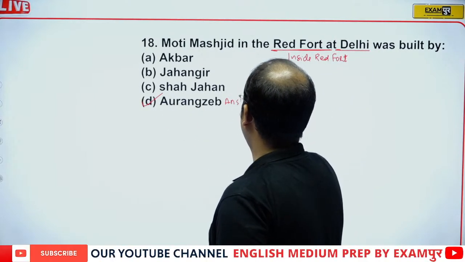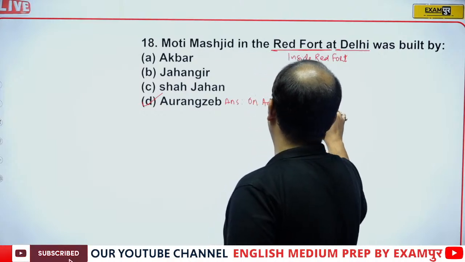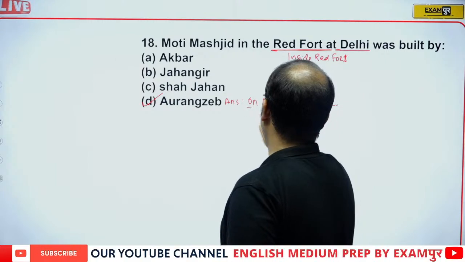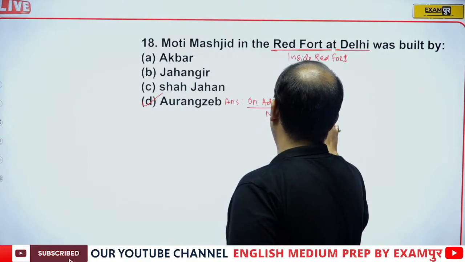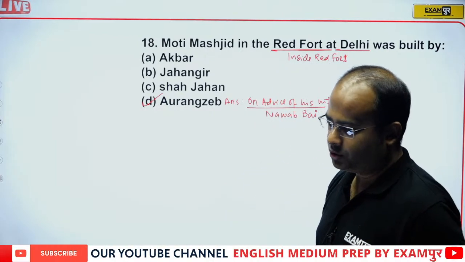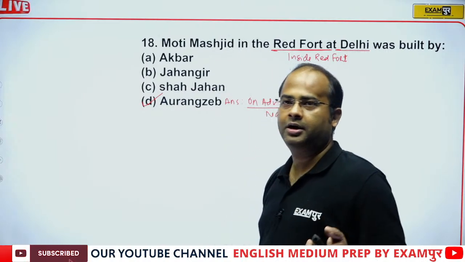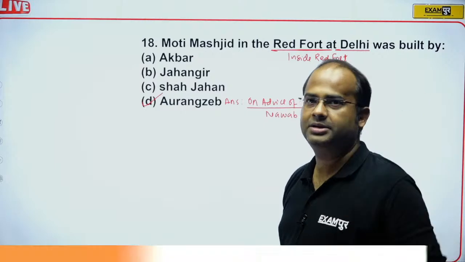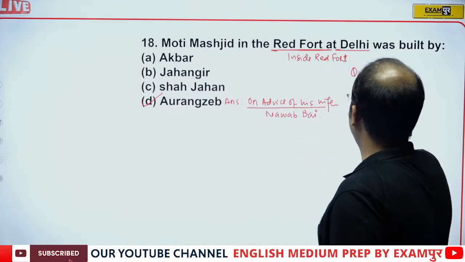And on the advice of his wife Nawab Bai, he did it. So it is not Sher Shah Suri, guys. Sher Shah Suri constructed the Kilae Kohna Mosque, that is inside Old Fort.